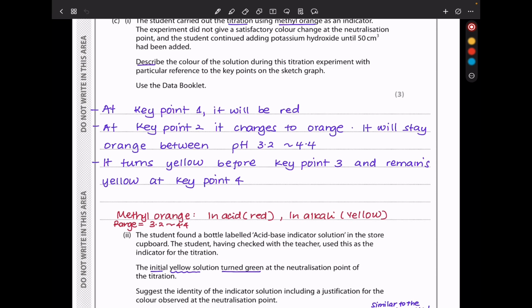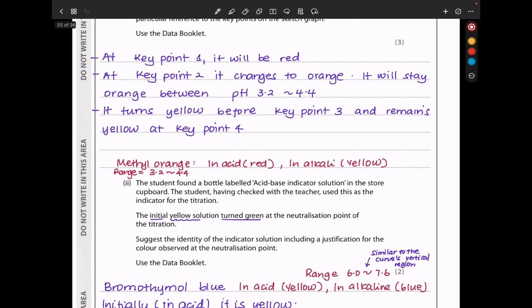Because methyl orange was used, it's going to change color from red and then we'll see orange and yellow. So at key point 1, this is at the beginning, it will be red because it's going to be methyl orange in acid. At key point 2, it changes to orange and it will stay orange between pH 3.2 to 4.4. It will then turn yellow before key point 3 and it will remain yellow until key point 4.